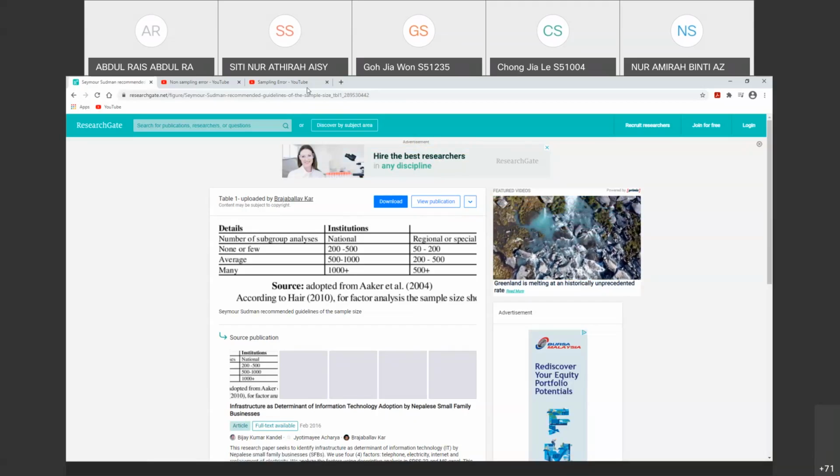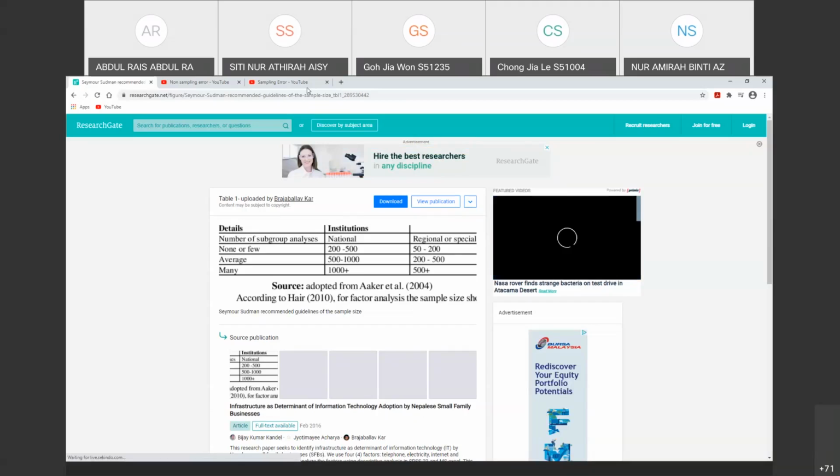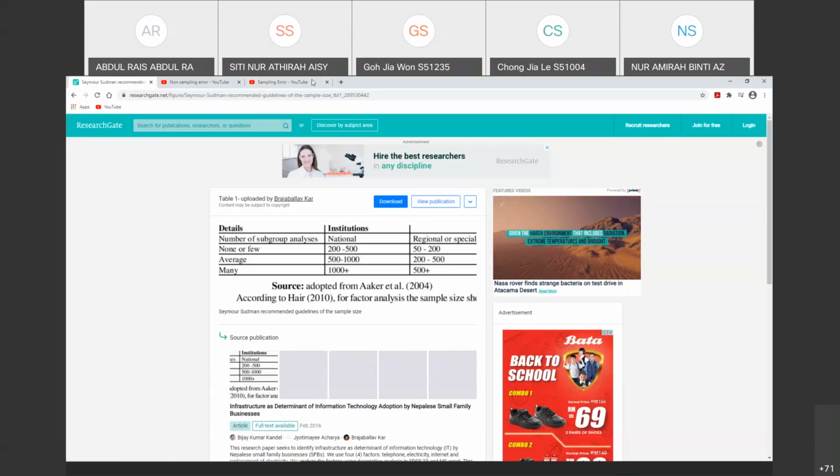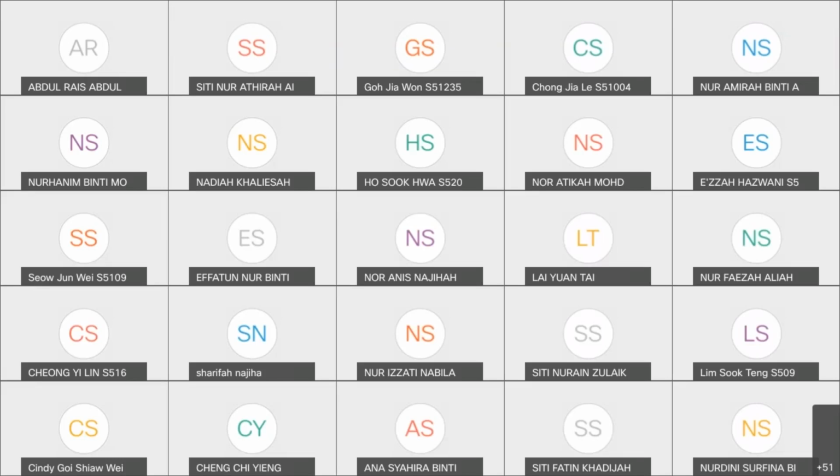But that will be up to you to decide and explore which sampling method calculation you want to use. But if some way somehow you tak tahu apa population, misalnya staff yang datang ke cafeteria, you can always use the basic rule of thumb berapa as stated by the researchers yang saya tunjuk tadi. Okay. Alright.